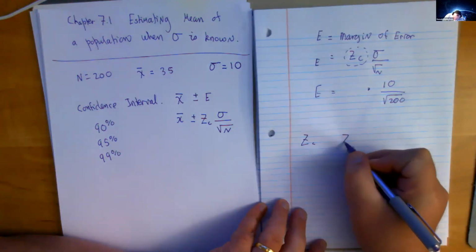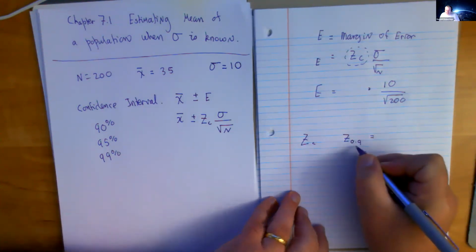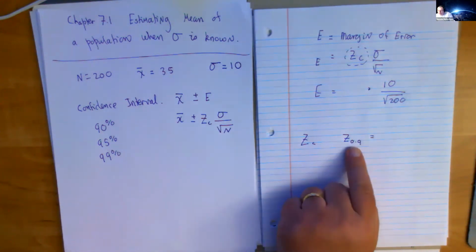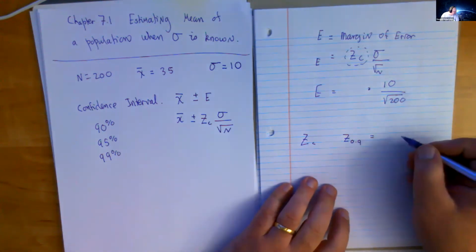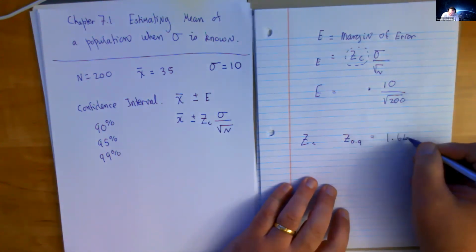Well, he's a special magic number. When you want a 90% confidence interval, he's called z_0.9, and he is 1.645 in that situation.